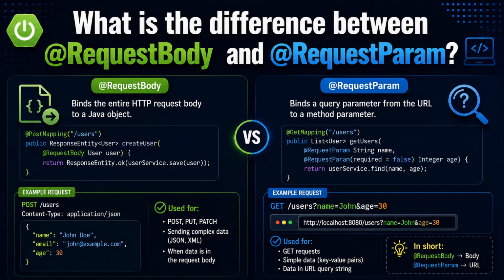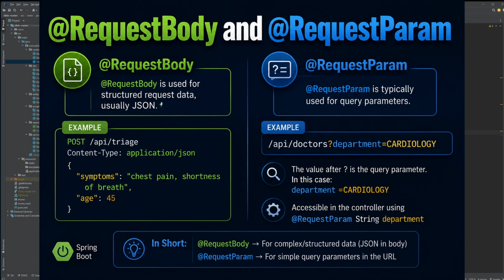What is the difference between request body and request param? Request body is used for structured request data, usually in JSON. Request param is typically used for query params, for example here, /api/doctors?department=cardiology.